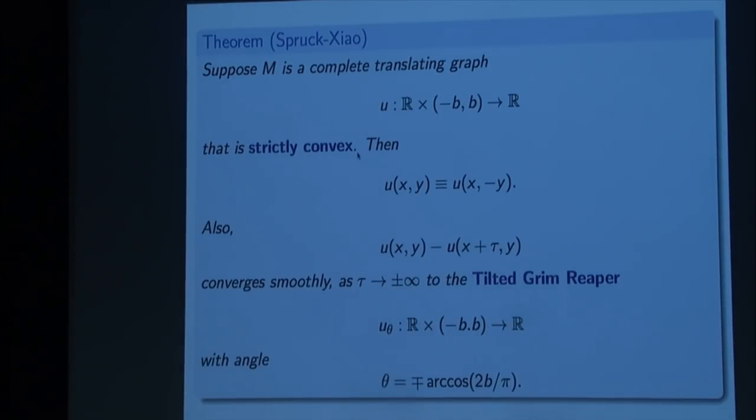So this is actually a result of Spurk and Zhao in a paper that I admire greatly, posted about a year ago. First, they showed that you have the symmetry of this strip. You have horizontal symmetry. That's relatively easy when you have non-negative curvature.